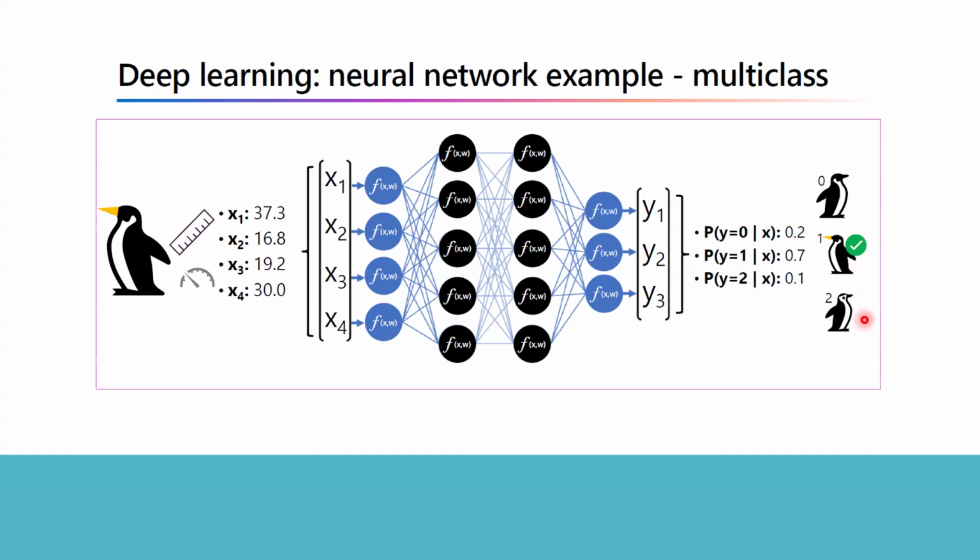So what happened earlier is, let's say I have 1 million images of penguins. I label those images whether they belong to class 0, class 1, or class 2. Then I trained my model. Now my model has learned that the images labeled 0 have some different features, maybe their hands are small or their height is less.